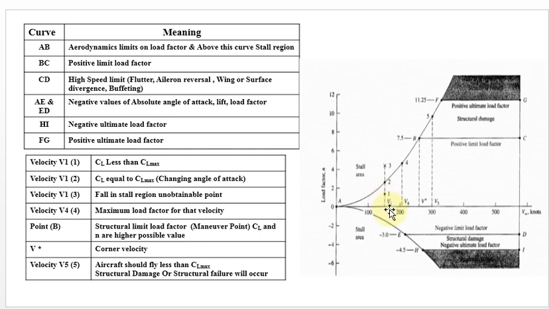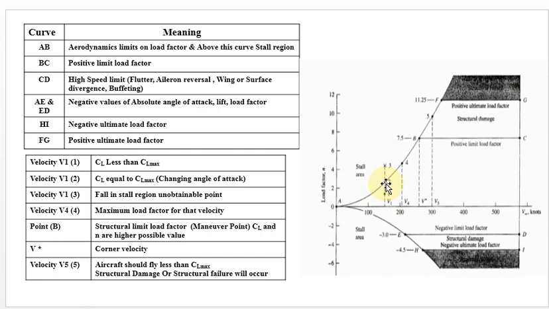The aircraft is flying at this velocity with some CL value, and that CL value is less than the CL max of the aircraft. It may have another value to obtain CL max, but the aircraft is flying at some CL value less than CL max. That is why we get the first point.